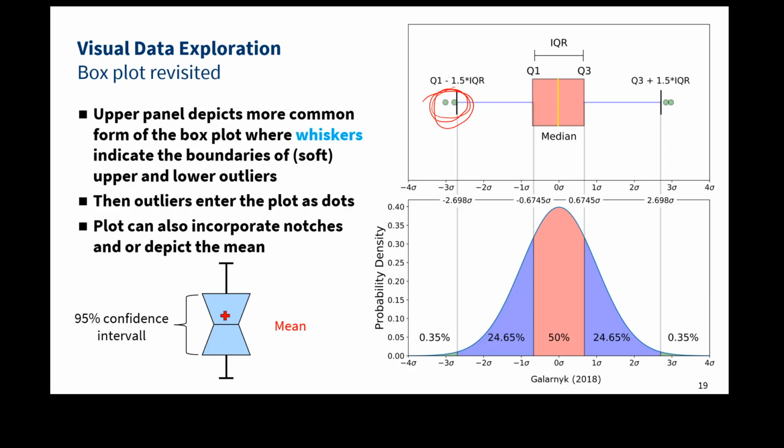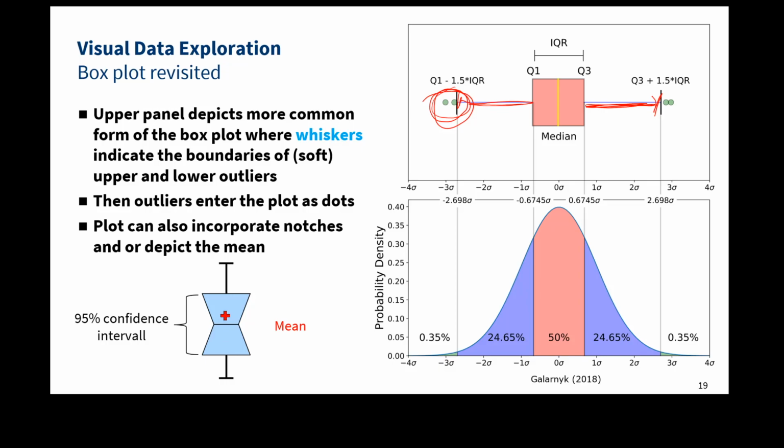Here the whiskers, these little things here, they actually do not identify the minimum and the maximum of the distribution, and rather they identify the threshold of the soft outliers, and then points beyond that are identified with a dot in the box plot. That's the version that you will typically see when you use software to analyze your data, or some derivative of that.